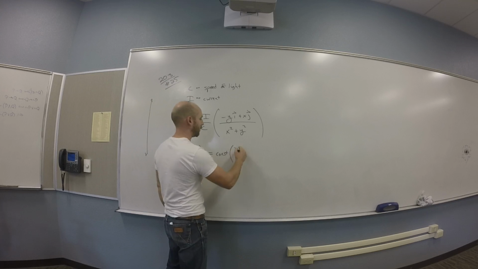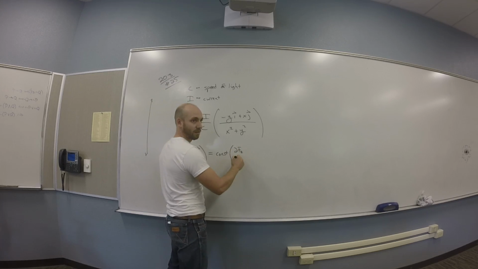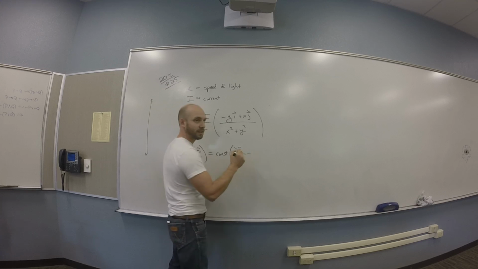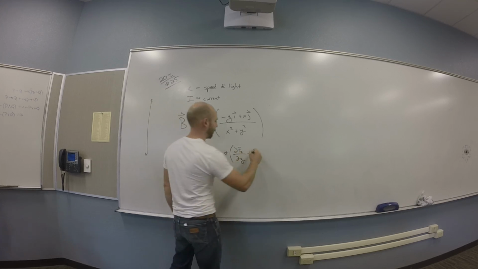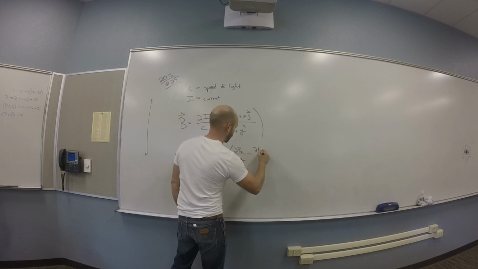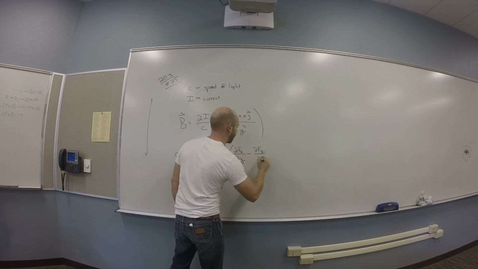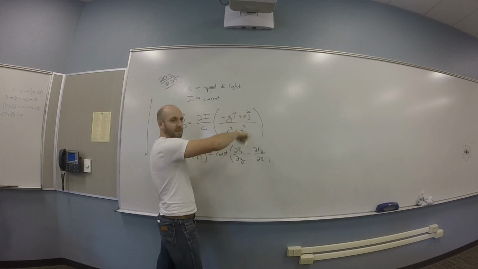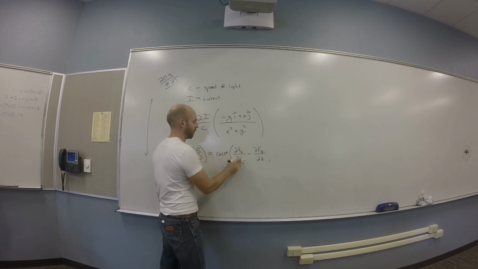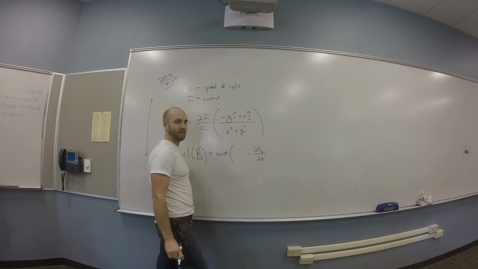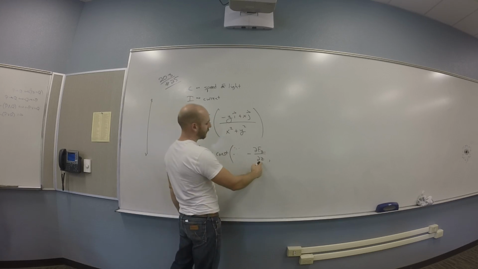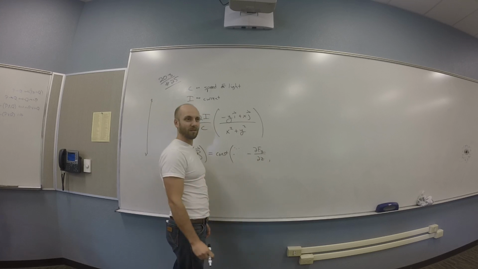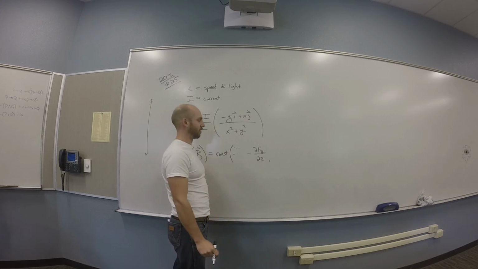That should be the partial with respect to y of the z component, minus the partial with respect to z of the y component. Okay, what's the z component of this business? 0. Okay, what's the partial with respect to z of the y component? Anything with respect to z is 0 in this. Also 0.